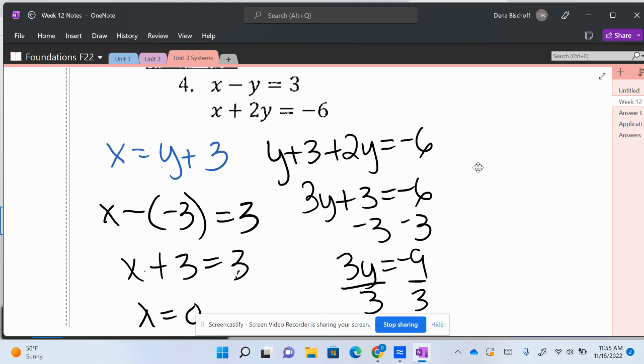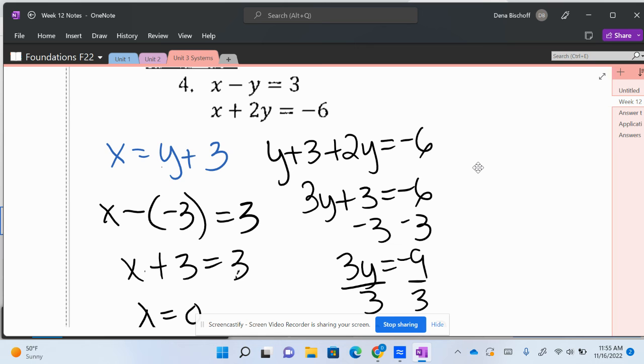Take that and plug it in. We're solving for x. Y plus 3. Okay, so take that and plug it in for here.